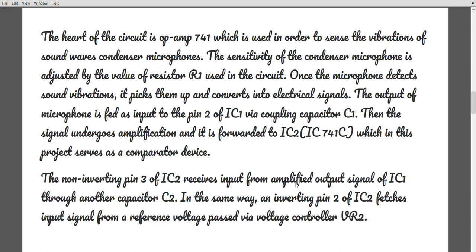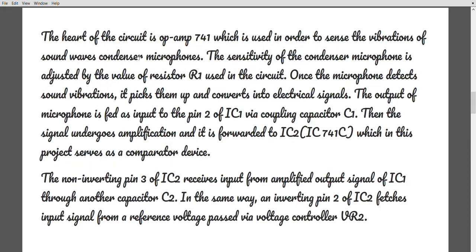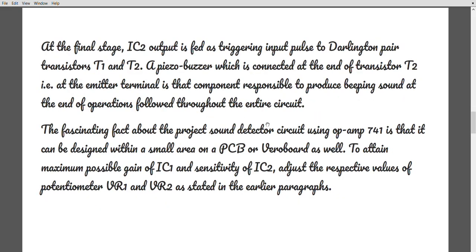In the same way, the inverting pin 2 of IC2 fetches its input signal from a reference voltage passed via the variable resistor VR2. At the final stage, the IC2 output is fed as a triggering input pulse to Darlington pair transistors T1 and T2. So the Darlington transistors T1 and T2 are present here, and through this the final stage is carried out.